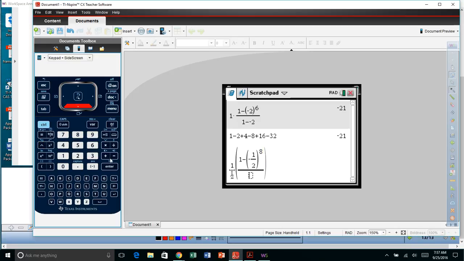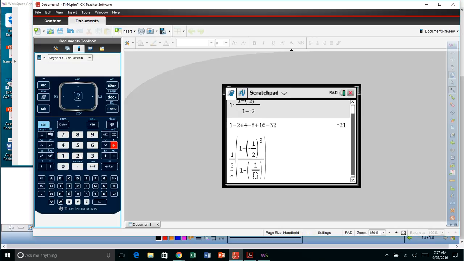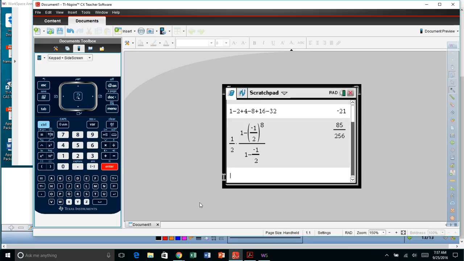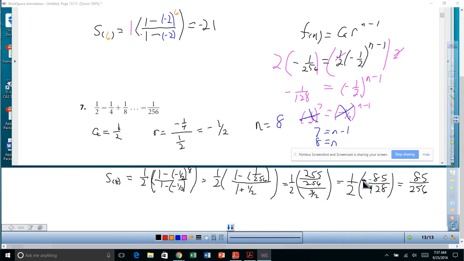So let's go down here and you've got 1 minus open parentheses, negative 1, control, divide 2. Let's check and make sure we got everything right. So you've got 1/2 times 1 minus 1/2 to the 8th over 1 minus 1/2. And then let's hit enter. 85 over 256, good. That worked out real well.